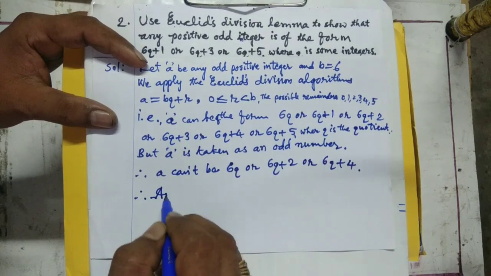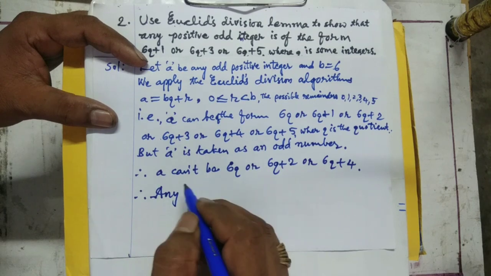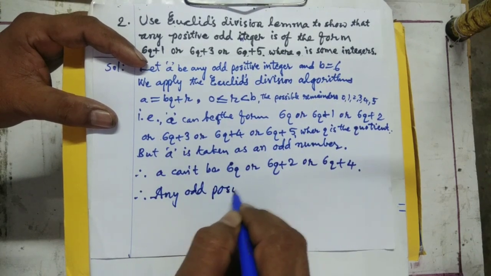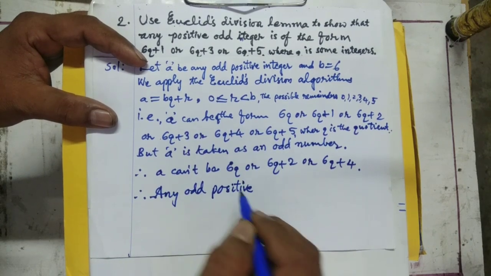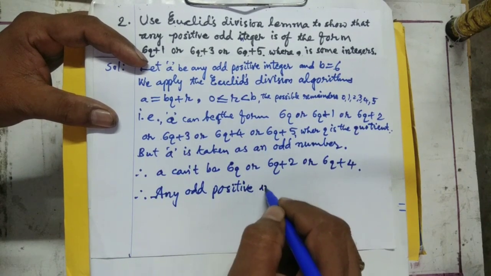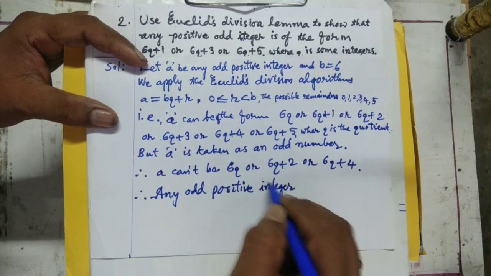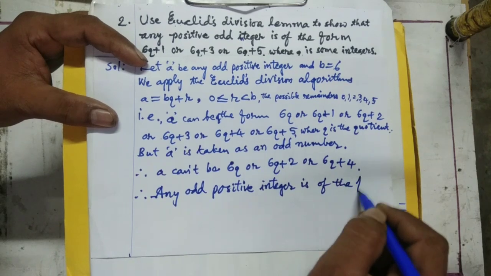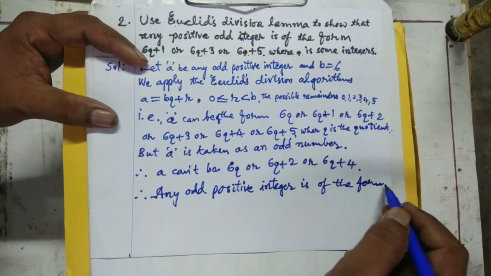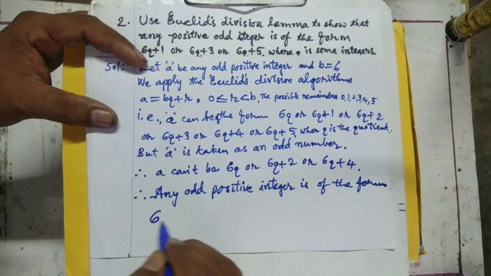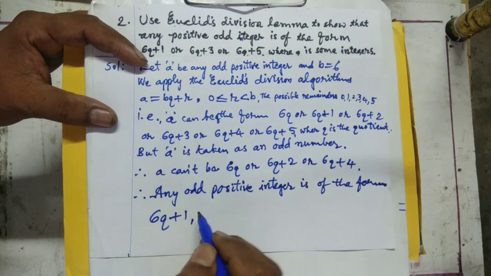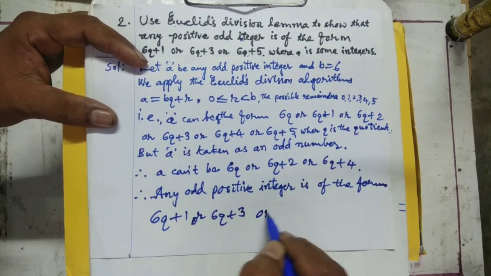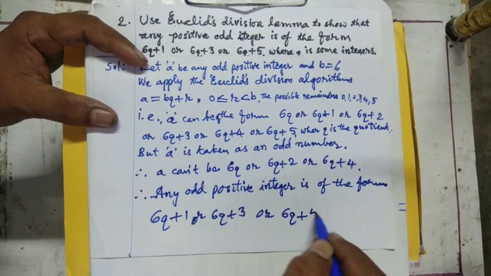Therefore, any odd positive integer is of the form 6q plus 1 or 6q plus 3 or 6q plus 5.